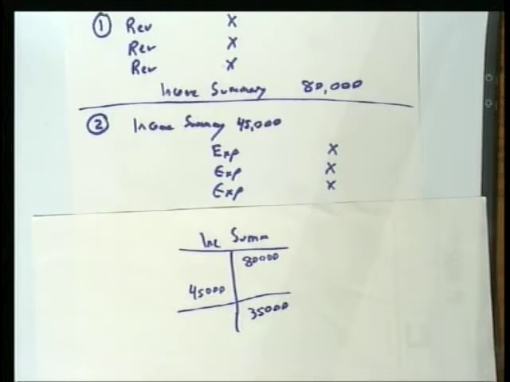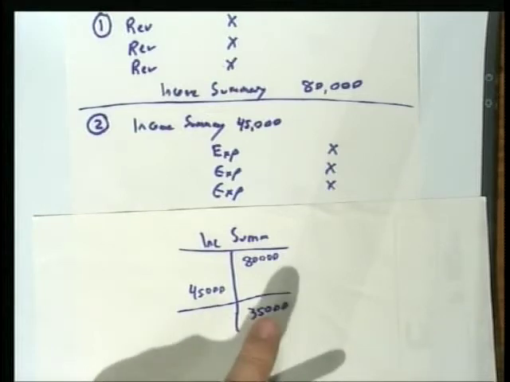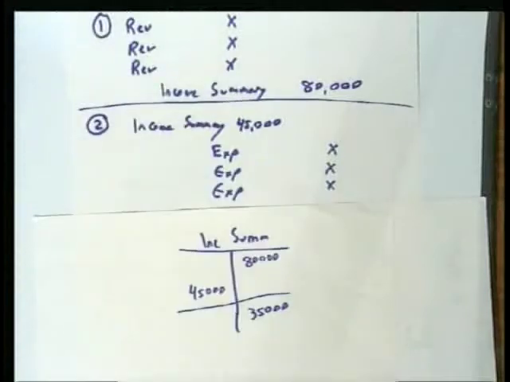Now, in this situation, we had a net income, right? Could you ever have a situation with a company where the expenses were greater than the revenues? Certainly you could, and in that case it would be a balance over here. Okay? That is our balance of income summary after we post the first two entries.